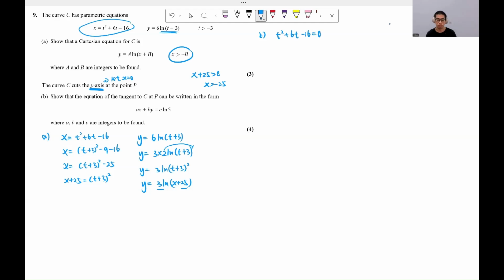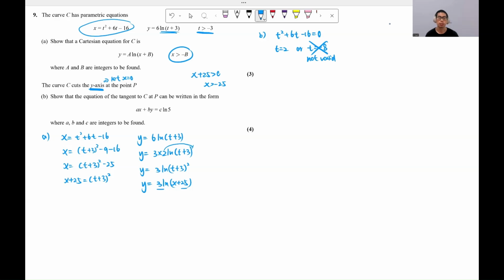It's a quadratic, so we can just put it in the calculator straight away: 1, 6, -16. So t is either 2 or -8. We already know t has to be more than -3, so -8 is not valid. The only value we can use is t equal to 2.